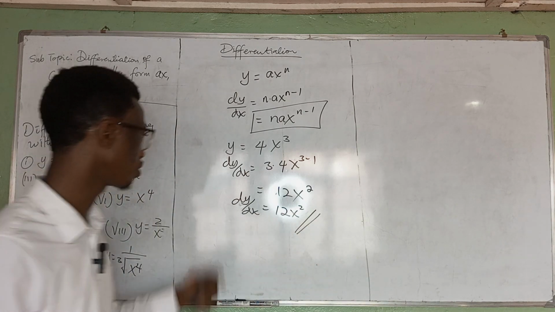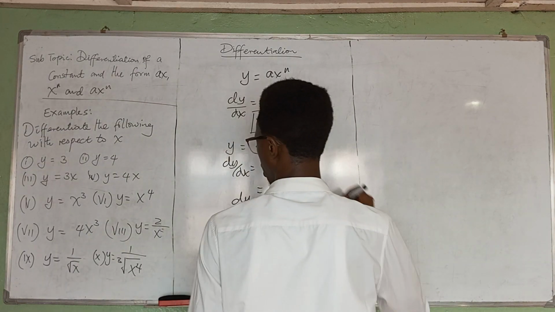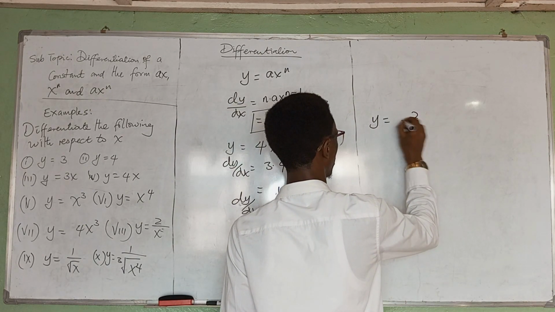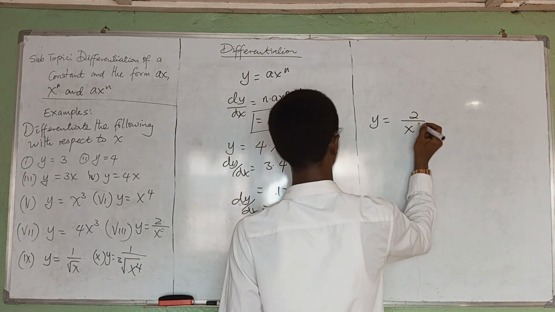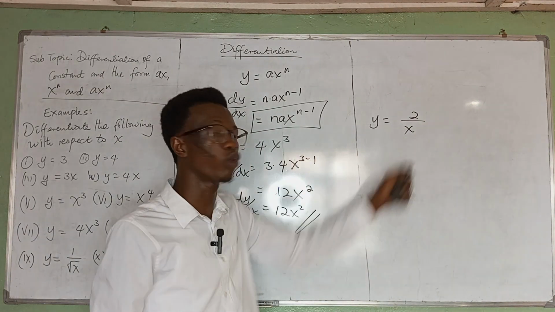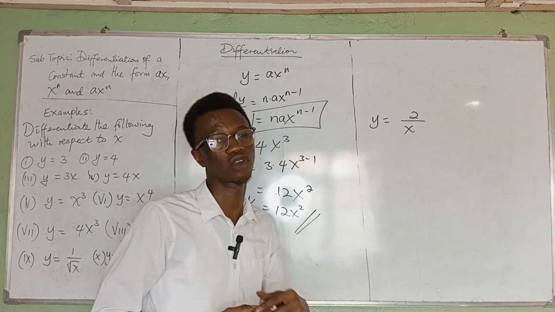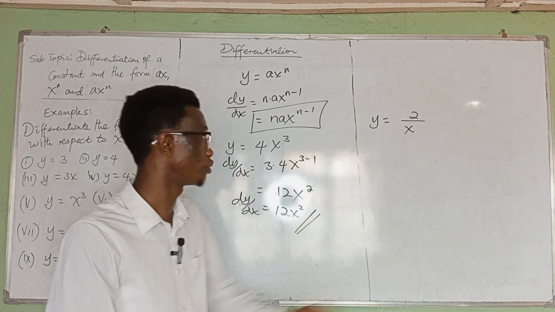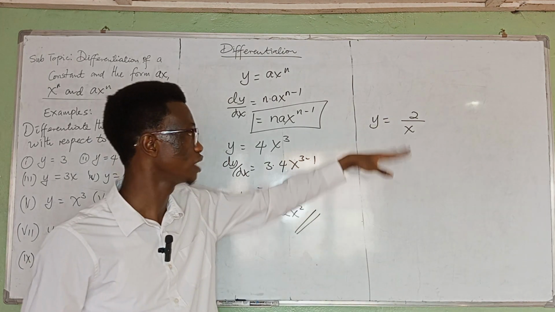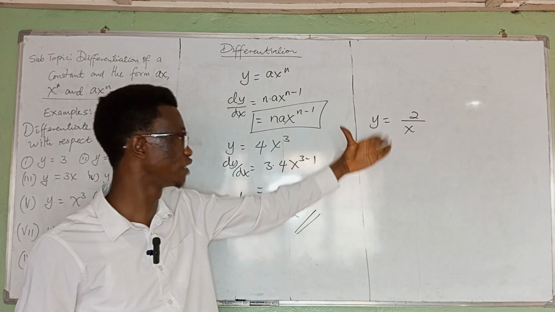Okay, so the next one says y equals 2 over x. Now, whenever you have this in the form of division, of course, we'll get to that point where we deal with the quotient rule. But now let's say you have this form in the form of division.